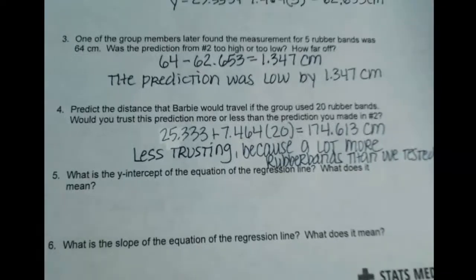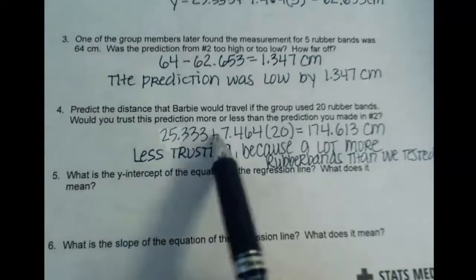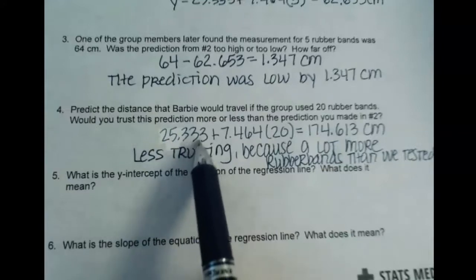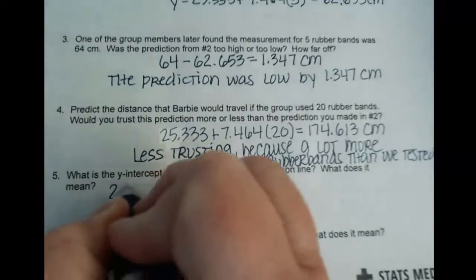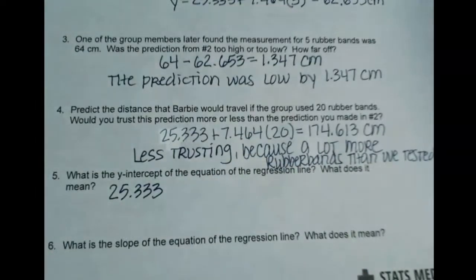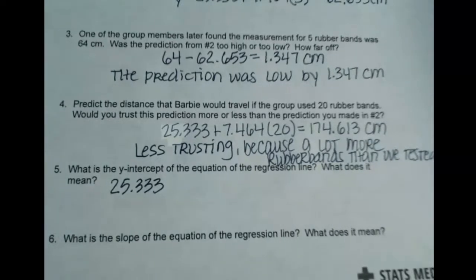All right, so what is the y-intercept of the equation? Remember I was telling you that we wrote the equation in a plus bx form because a is the y-intercept and it's the real world, so everything builds from where it begins. So your y-intercept is 25.333. Okay, and what does it mean? Well, at the y-intercept, what is your x value? Your x value is 0. So in this context, what does that mean? 0 for x would mean 0 rubber bands.